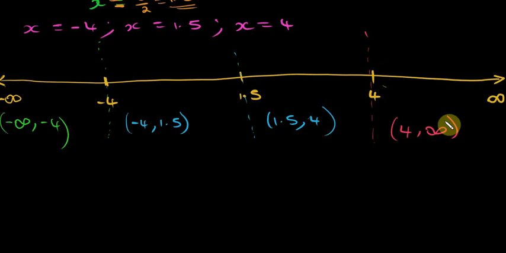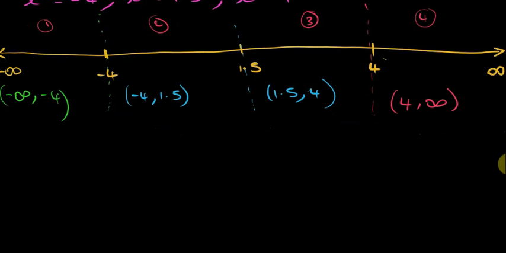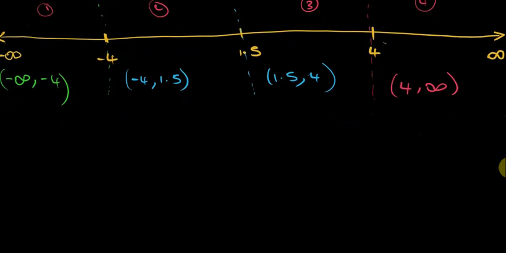Cool. So what we need to do is find out if our condition is satisfied in any of these four regions. We have 1, 2, 3, 4. A cubic equation normally divides our number line into four regions.